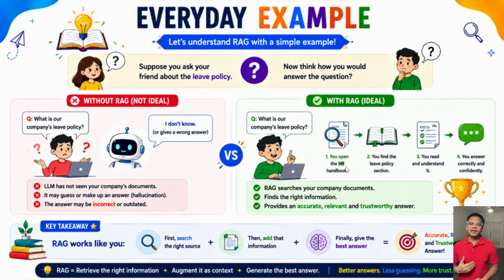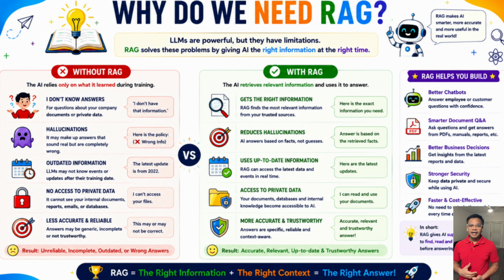That's RAG, right? So now let's understand, why do we need RAG? Without RAG, AI answers based only on what it learned during the training. If the information is missing or outdated, the AI may guess. That can lead to inaccurate or outdated answers.